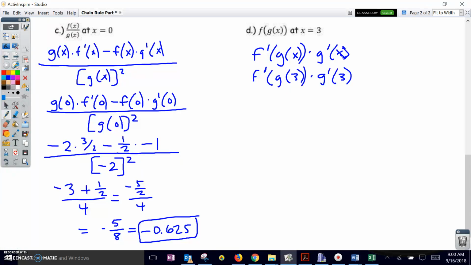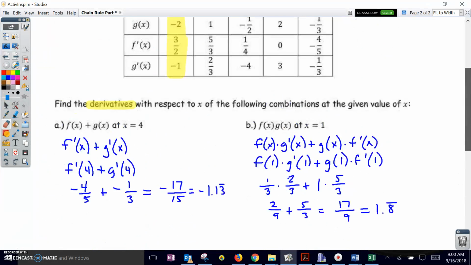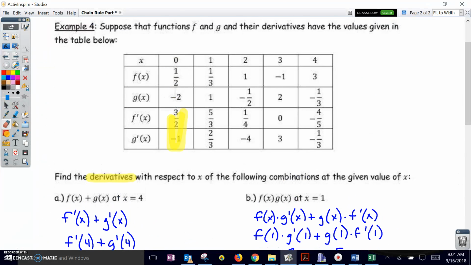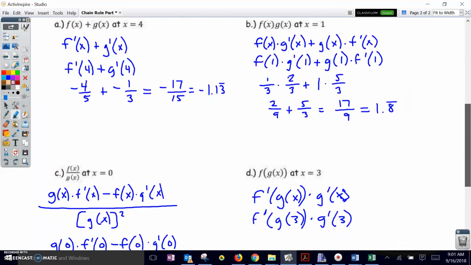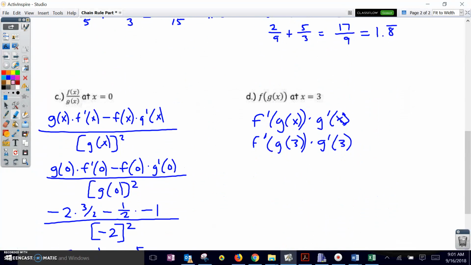So first I need to go up to my table and look at the values for g and g prime at x equals 3. So I need g and g prime at x equals 3. Okay. G of 3 equals 2, g prime of 3 equals 3. So this becomes f prime of 2 times 3.